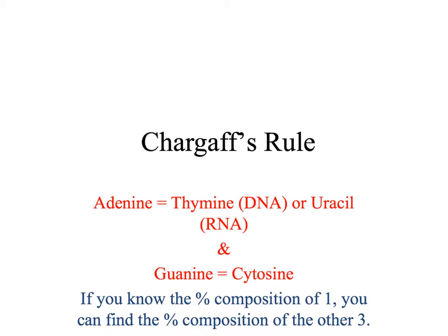What this is telling you is that if I have 20% adenine, what percent am I going to have thymine? If they're equal, 20%. So let's do some math here. If 20% adenine has to be equal to 20% thymine, what's 20 plus 20? 40.